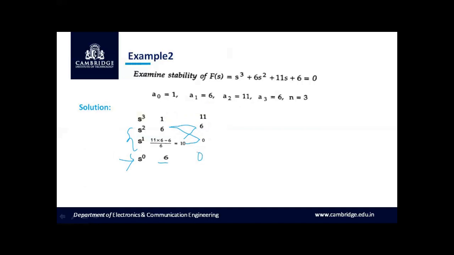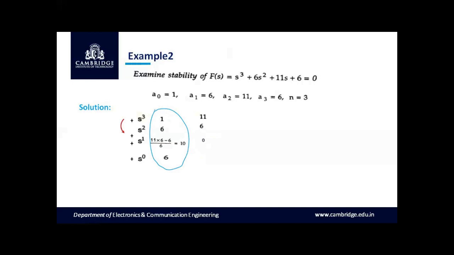Once after generating the Routh array, the next step is to interpret the Routh table and we have to look into the sign of the elements in the first column of the Routh array. So the first element of the first column is positive and the second element is positive and the third one is positive and the fourth one is also positive.